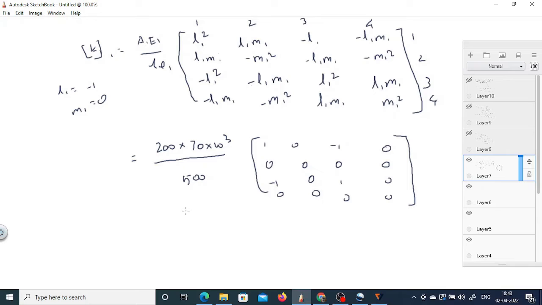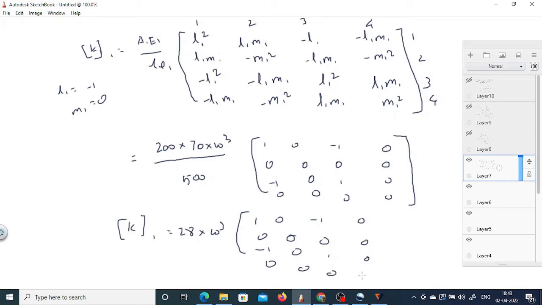So finally, I can substitute and get the K1 matrix. I use the calculator and identify this value as 28 into 10 cube, and then I rewrite the stiffness matrix values: 1 0 minus 1 0, after that 0 0 0 0, minus 1 0 1 0, then 0 0 0 0.